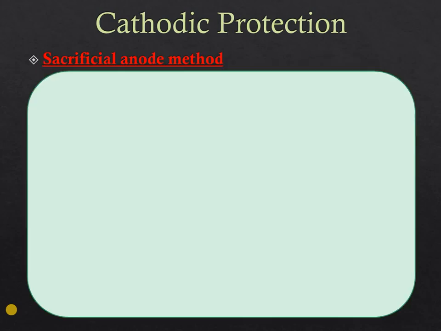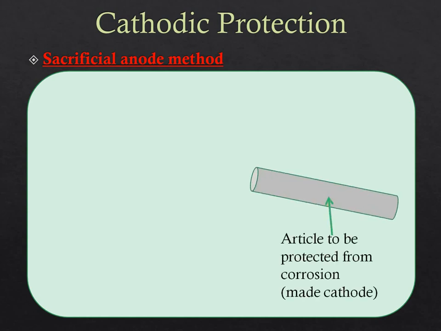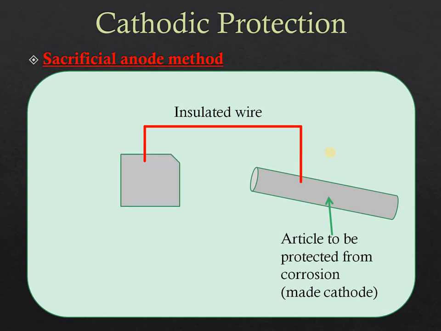Now here we will discuss how the metal is protected with the help of the sacrificial anode method. Suppose this is an underground pipeline and we need to protect it from corrosion. If we want to protect it by the sacrificial anode method, then this pipeline should act as a cathode. That can be achieved by connecting this pipeline to a metal having a higher position in the galvanic series by an insulated wire.